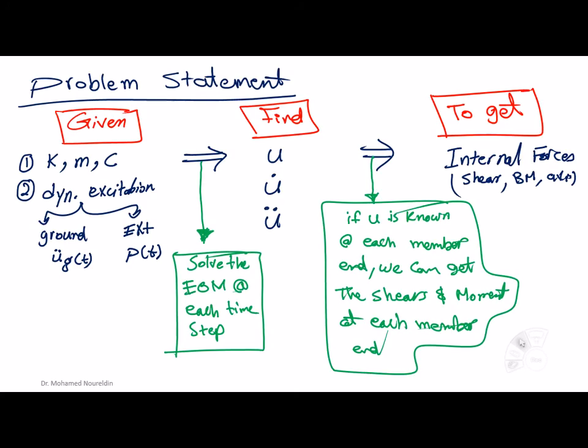So next, regarding these deformations, I'm going to talk about the shears and moments, and how we can obtain them from knowing the displacement. As you know, if we have a member, we can talk about element forces.